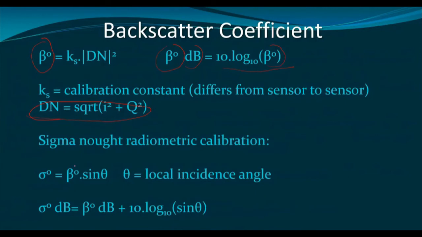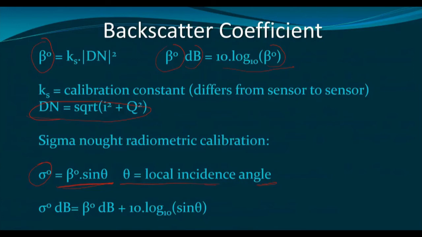Now we can determine the sigma naught. The sigma naught can be determined with this formula, beta naught into sine theta. Whereas in case of gamma naught, as we told, this value will be multiplied by the cosine of theta, the cosine of the local incidence angle. But here we are multiplying with the sine theta, where theta is the local incidence angle or local look angle, and therefore we will not have the terrain influence or look angle influence.